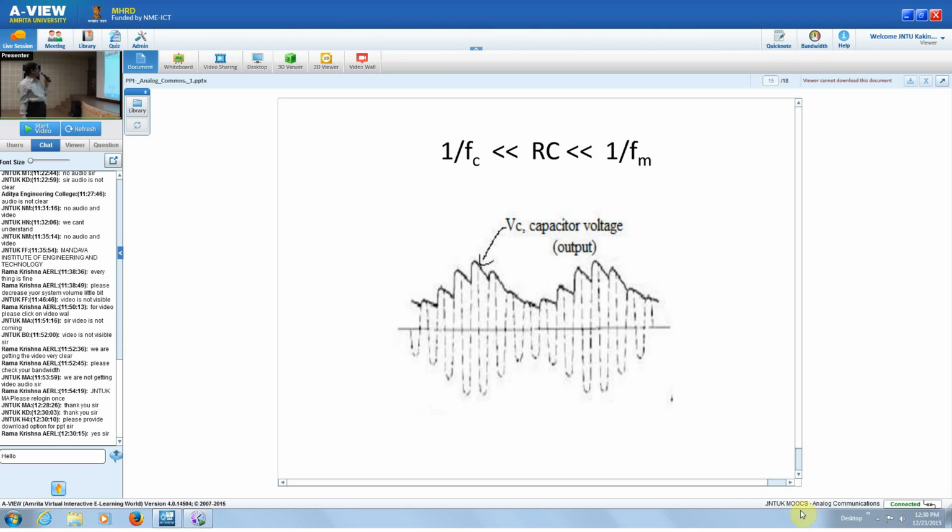So we have discussed the single tone modulation to have the power relation between the sideband and the carrier powers.